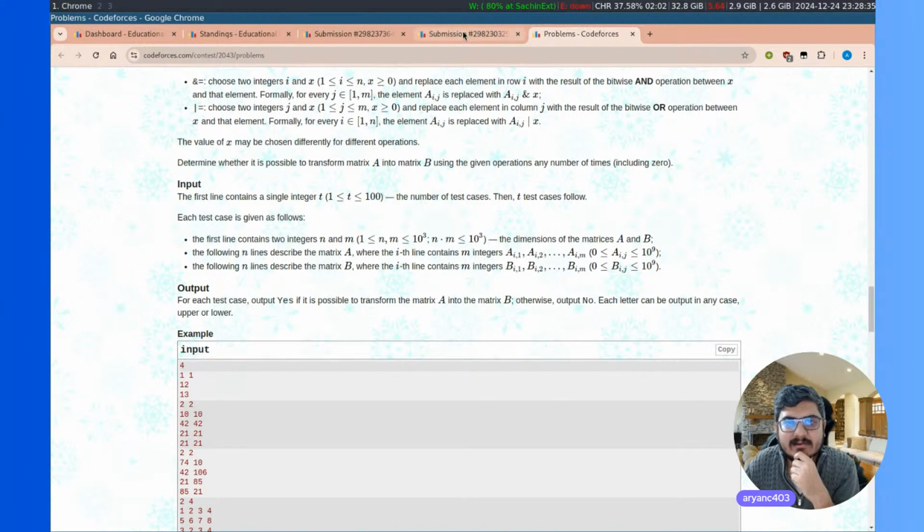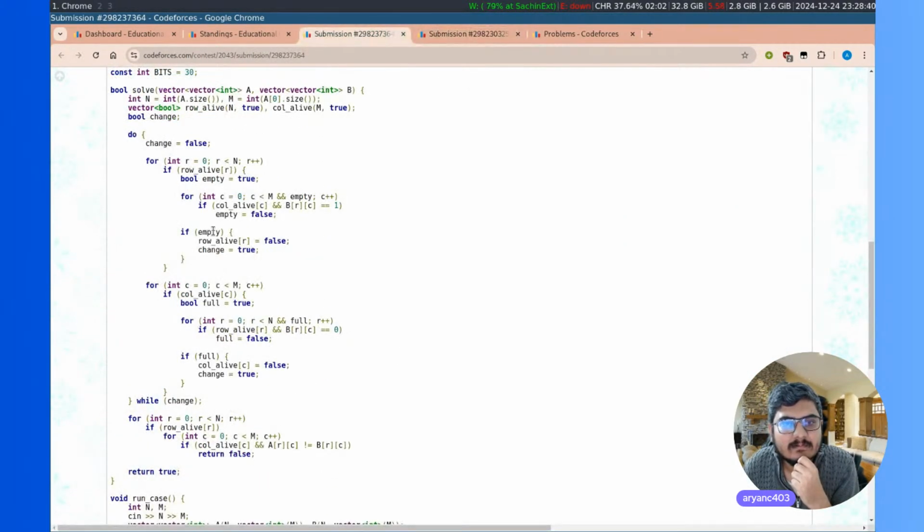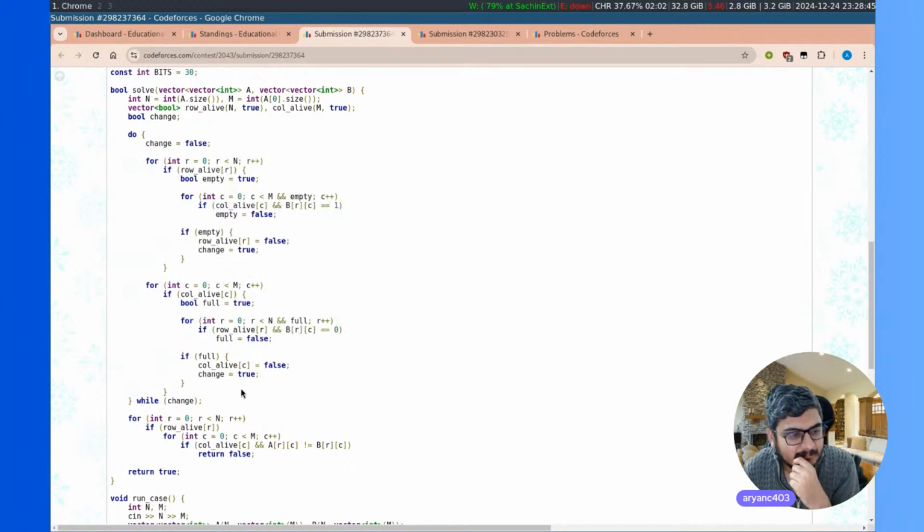Okay, I think if I look at it closely, can I say minimum of n comma n instead of n plus m? Like 100 into 2 into 10 to the power 6 into 30 is around 6e9. Yeah, the log factor of bit is multiplied by 30.